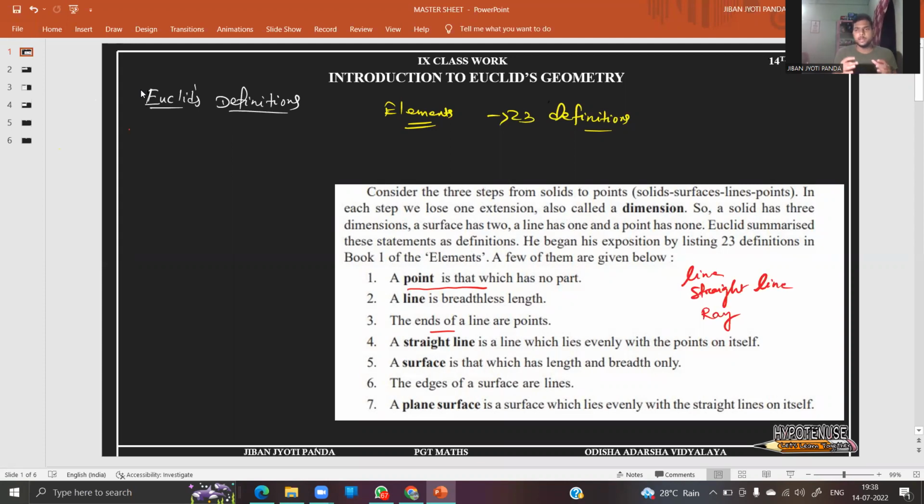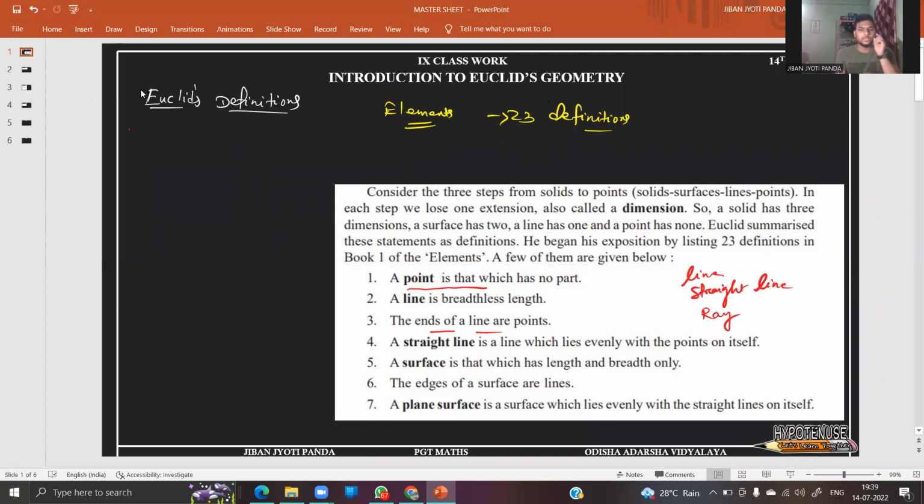If somewhere the line ends, that must be a point. This is the relationship between point and line. Definitely a line is a combination of infinitely many points. So whenever we stop, we get a point. So ends of a line are points.